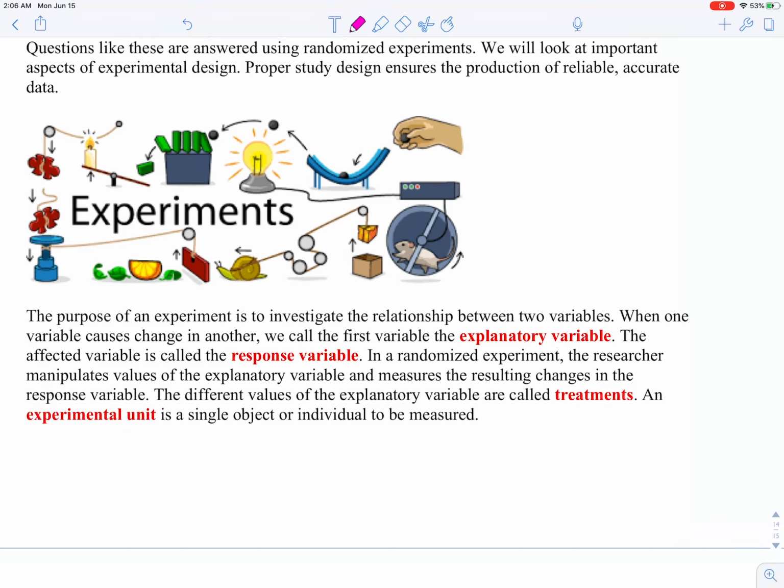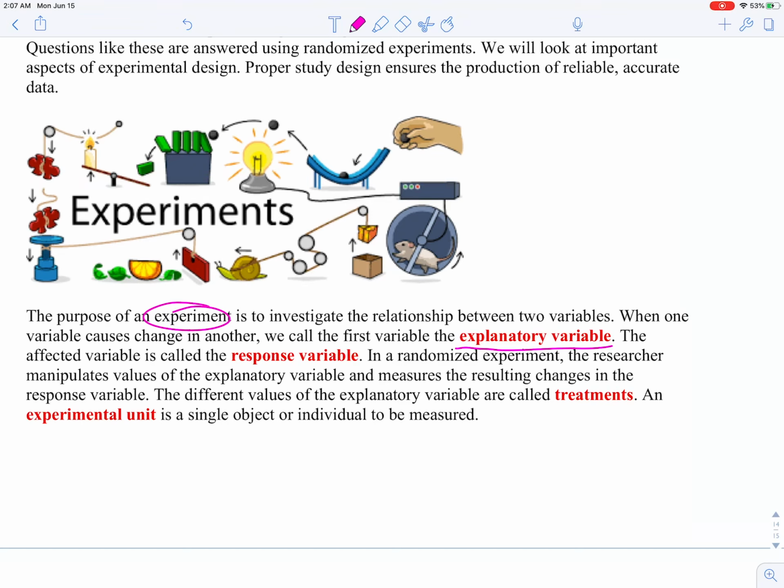So here's some more terms you want to make sure you know. So this is talking about experiments. When one variable causes change in another, we call the first variable the explanatory variable. Think of the word again, explanatory variable. It explains what happened to the other variable, right?